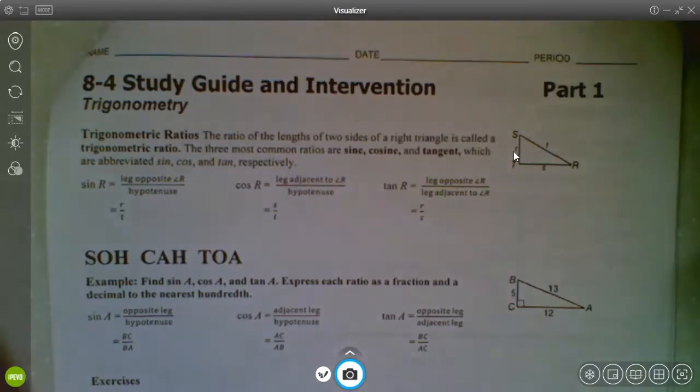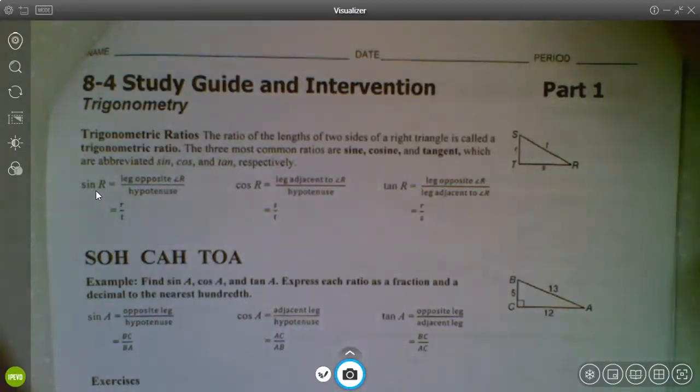So I have a ratio of side lengths. Well, within a triangle, the size of the angle is in a big way determined by how long these side lengths are. Because if I were to change one of these side lengths, that's going to affect the size of the angles within this triangle, right? So the first one we're going to take a look at is the sine ratio.